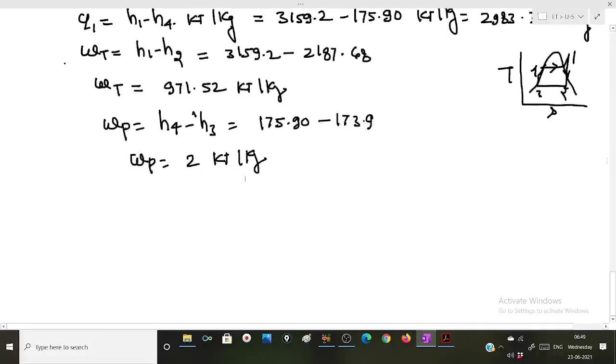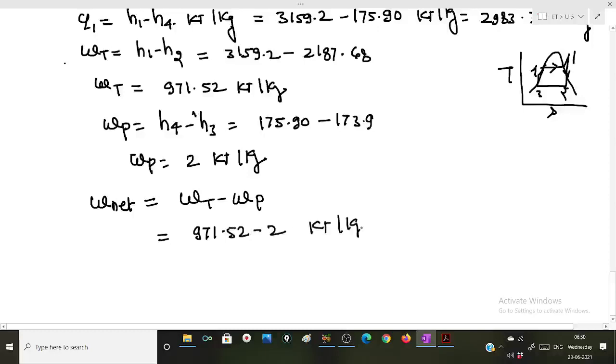So I am supposed to calculate for the ideal cycle. First, W net. W net is nothing but WT minus WP. So from here, 971.52 minus 2 kilojoule per kg.